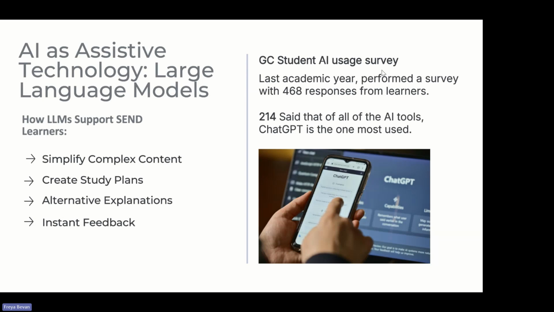So that could be, for instance, these are just some examples I put down, but as we know, there are many, many ways that it can be utilised, such as simplifying complex content for the reading level of the learner, creating study plans to perhaps help learners with executive dysfunction that struggle with their time management, for instance, providing alternative explanations for learners that just need that further breaking down and understanding of complex language, and also giving instant feedback where they might not have it available readily.